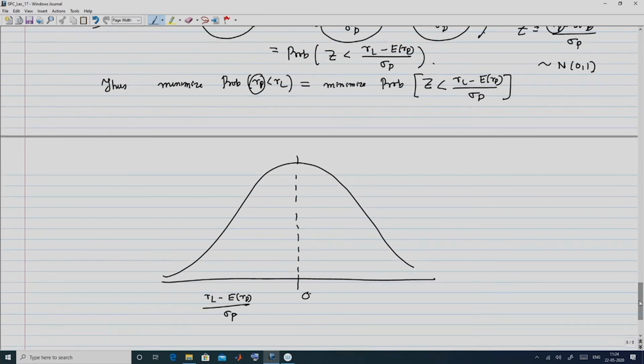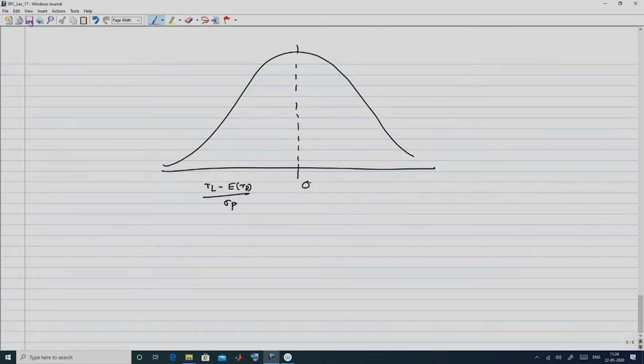Now, here you see, Z follows a standard normal random variate. So, accordingly, the probability that Z is less than R L minus E R p over sigma p is going to be this area.